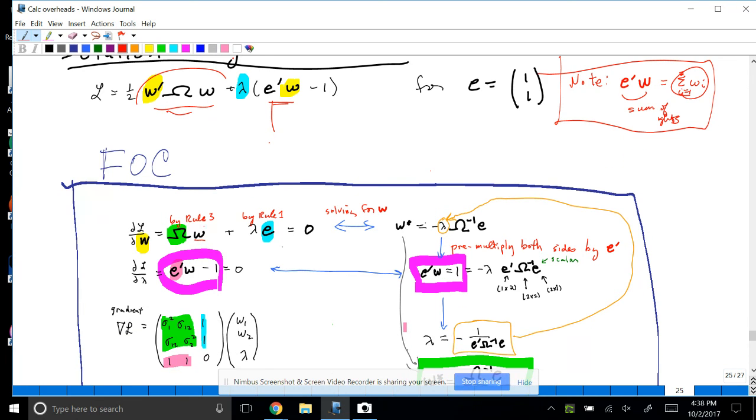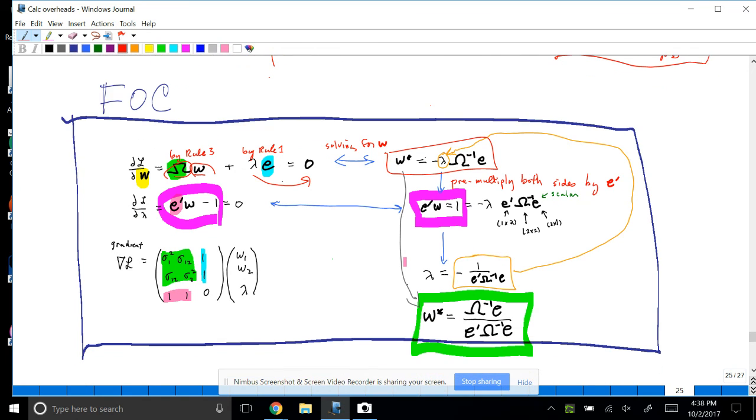All right, so I can solve for W: bring this to the other side, take the inverse of the covariance matrix, and I can find this variable right here. One thing I can do is use my condition of the Lagrangian with respect to the scalar lambda as being my constraint.